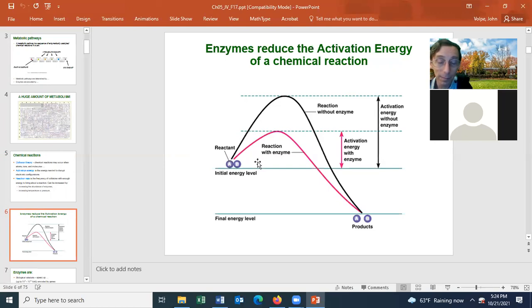So this molecule has to get way up here, and that we call the energy hump, before it can come down here. And I forgot to mention, the products have less energy than the reactant in this case. That would be the case if we're starting with sucrose. It has more energy in it than fructose or glucose, even when you put those two together.